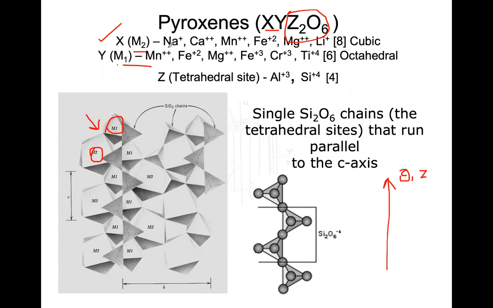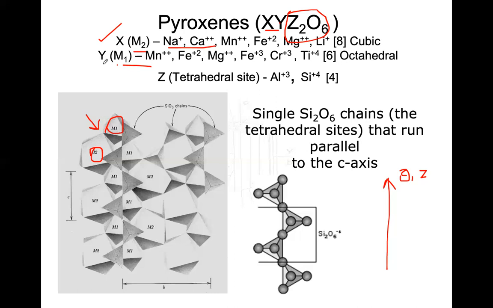For example, sodium and calcium can occupy only X, but iron, manganese, magnesium can occupy Y also. So such differences are there. It all depends on the amount of atoms available in these different cations, so the concentration matters for that particular composition.